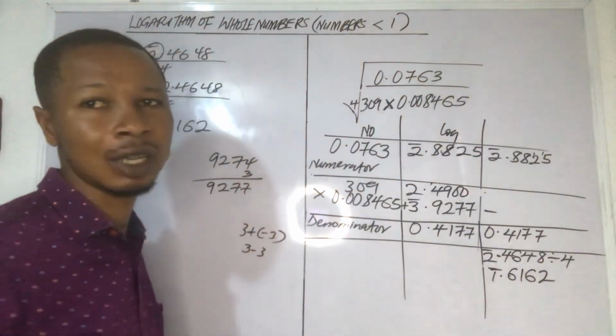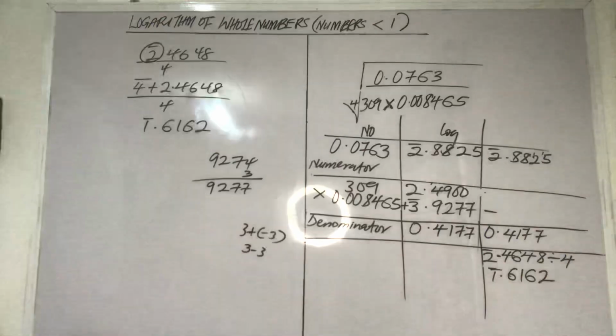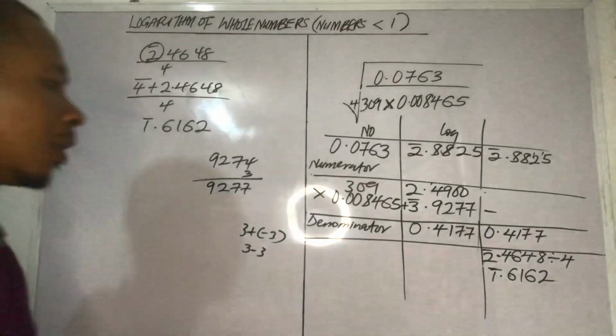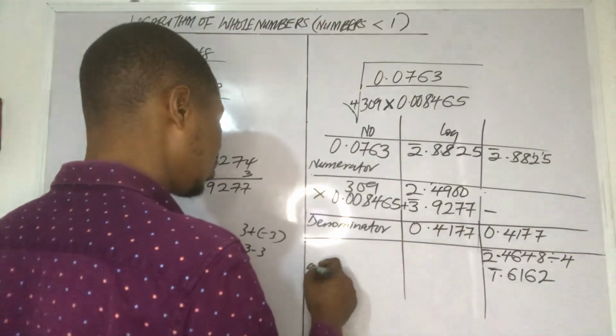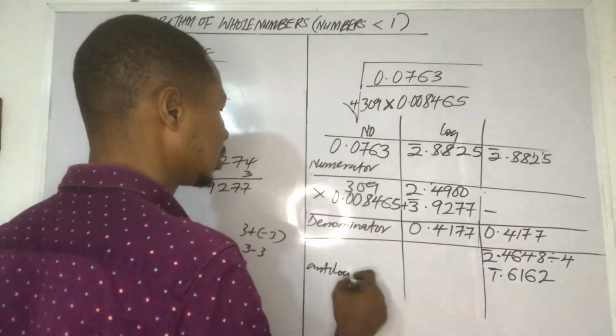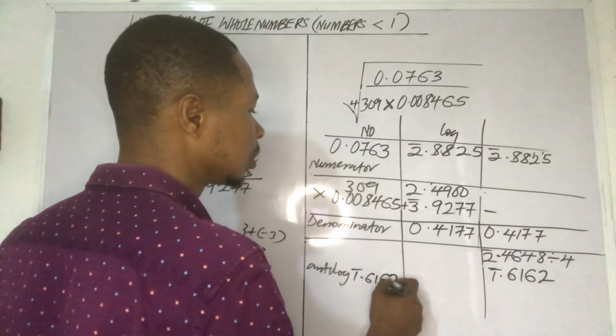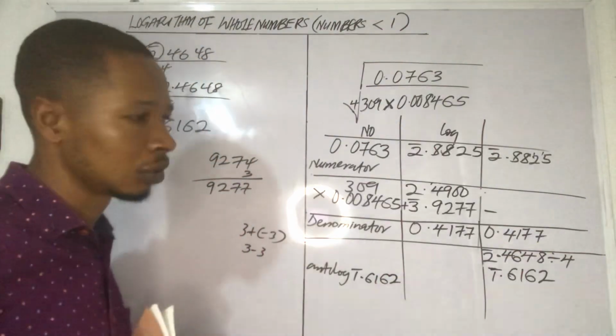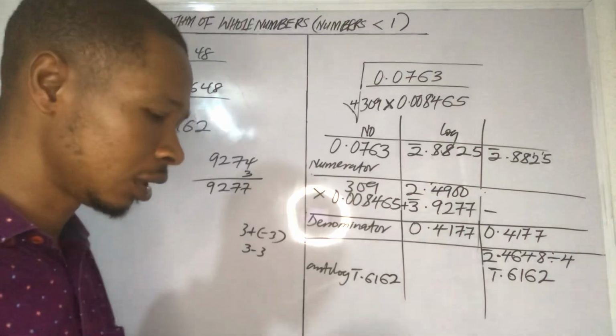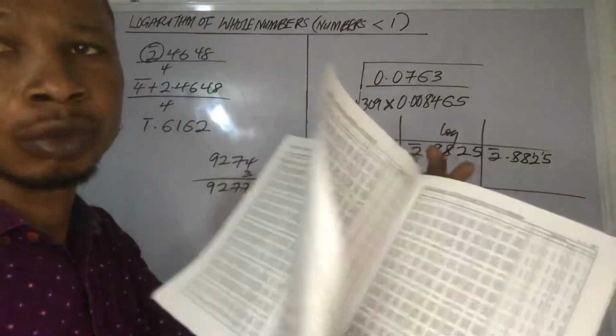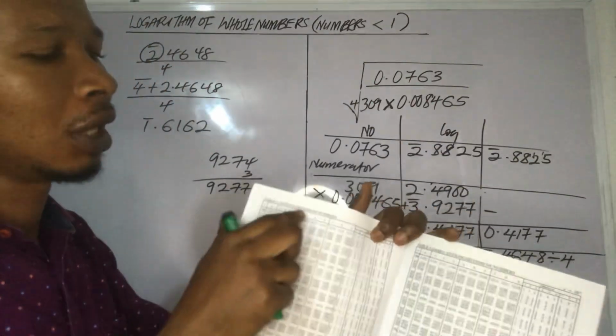Then now I will find my antilog. So I'll come to this side. Antilog of bar 1.6162. So I'll go and check 0.61 under 6. If I just turn my logarithm table like this once, I will see my antilog.